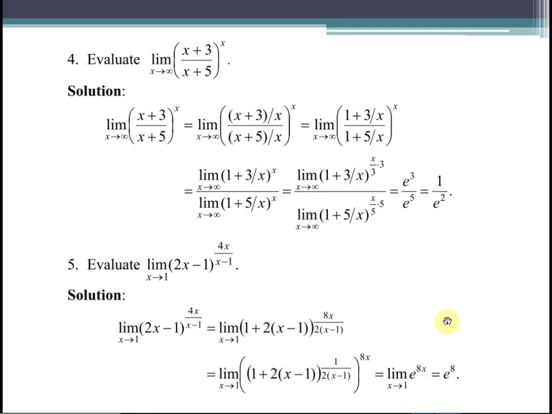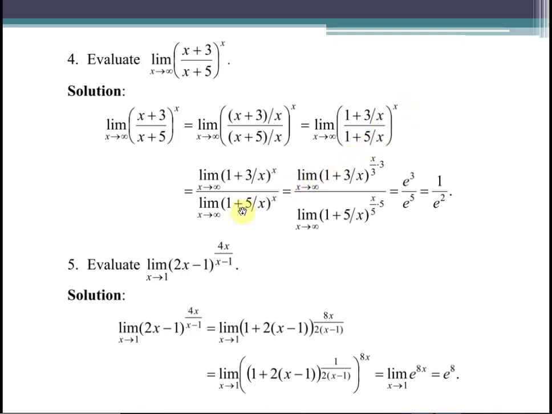Number 4, evaluate the next limit. The limit as x tends to infinity of (x plus 3) over (x plus 5), to the power of x. How to solve this example? We need to divide by x inside of our brackets. Then we have the following: 1 plus 3 over x, over 1 plus 5 over x, to the power of x.